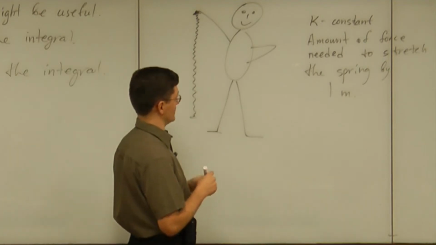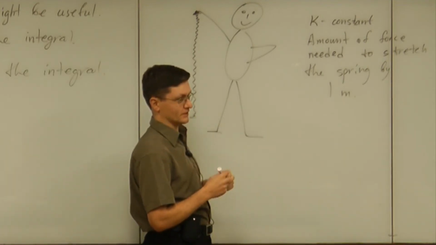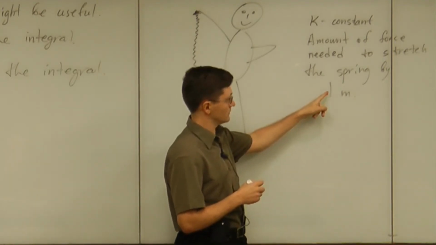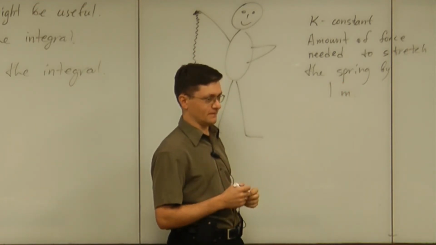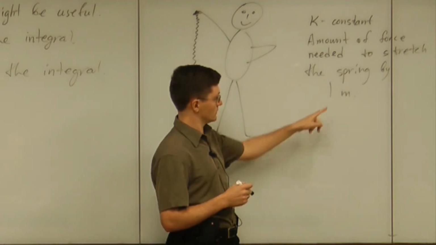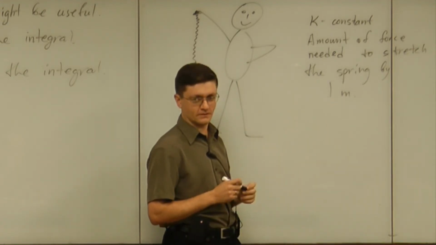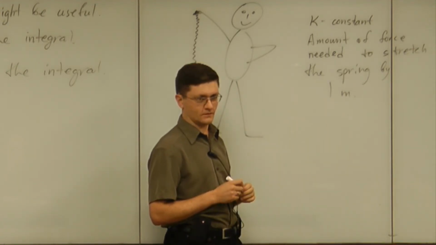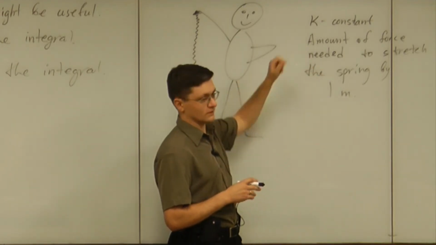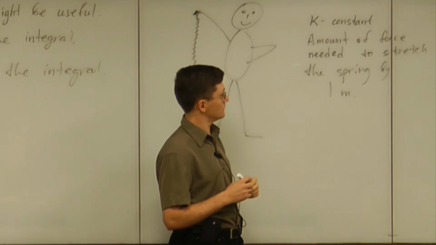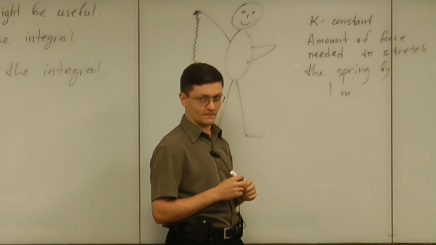Does it depend only on the quality of the spring and the amount you stretch by? You want to make it longer by 1 meter, and regardless of anything else, the amount of force needed is going to be exactly the same.